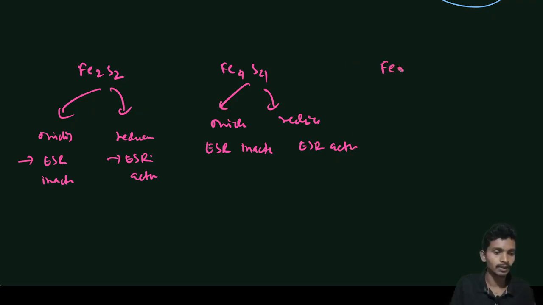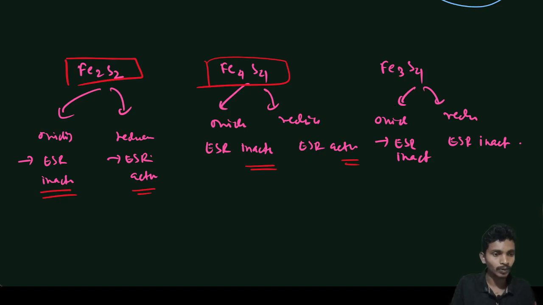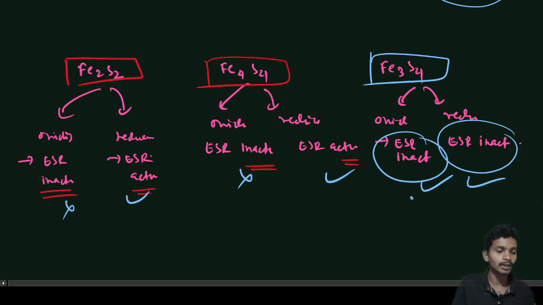So for Fe2S2 one is inactive, one is active; for Fe4S4 one is inactive, another is active; but for Fe3S4 both are ESR active.